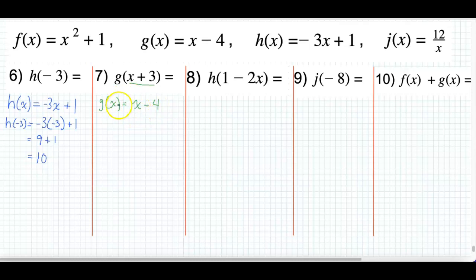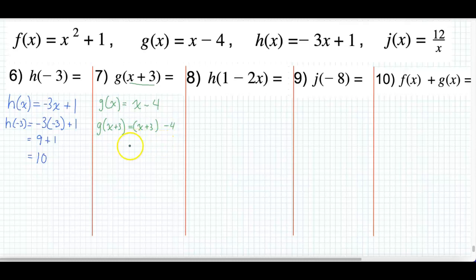Okay, and I'm just going to substitute, what is our input? X plus 3 this time. So this is a binomial. This is an expression. So what is g of x plus 3? Well, we can just substitute that. So I'm going to replace x with a bracket, and my input is x plus 3 minus 4.